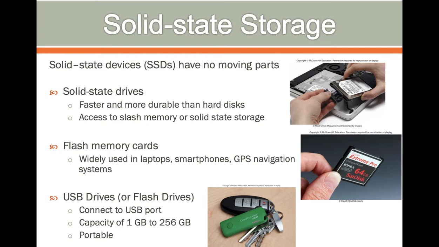Okay, so this is an example of flash memory cards. This is a solid state drive, which usually resides in our PC or system unit, and this is the USB drive or flash drive.